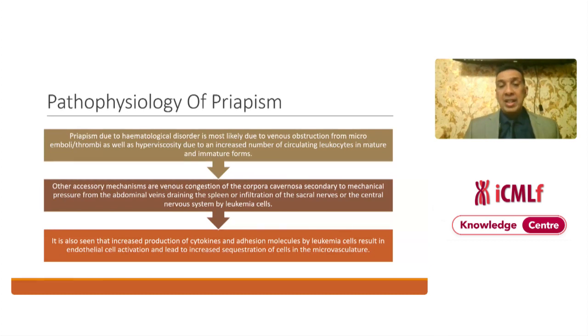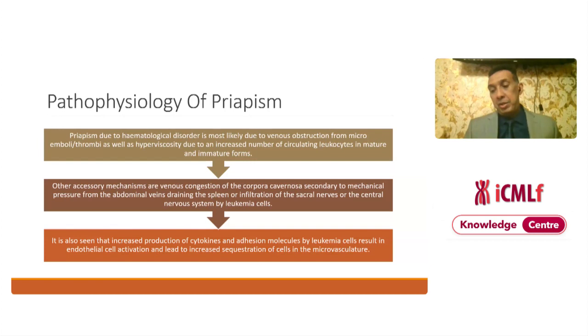It is also seen that increased production of cytokines and adhesion molecules by leukemic cells results in endothelial cell activation and leads to increased sequestration of the cells in the microenvironment and microvasculature.